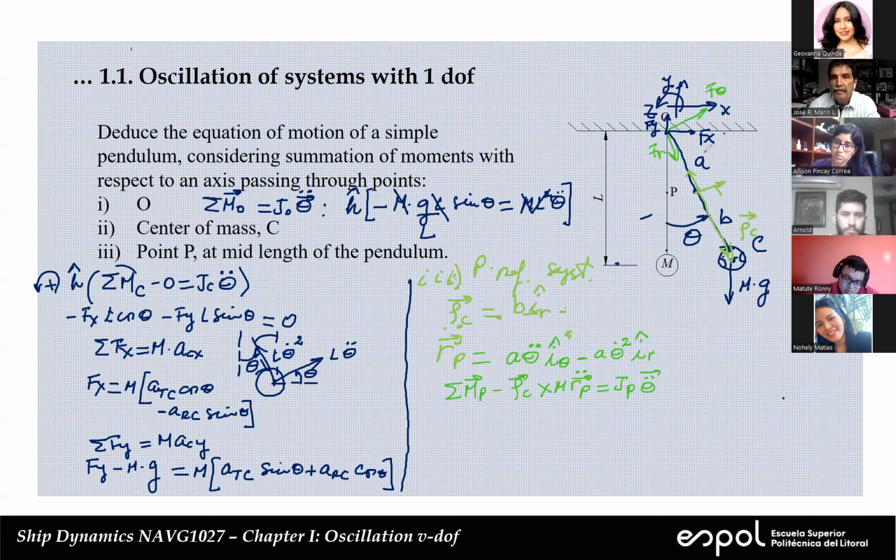Now in this case, F R is not going to produce any moment because it's aligned with point P. Force F theta will generate a negative moment because it points in this direction. Similarly with mg, remember you are considering the moments with respect to this point, and this is your reference system.